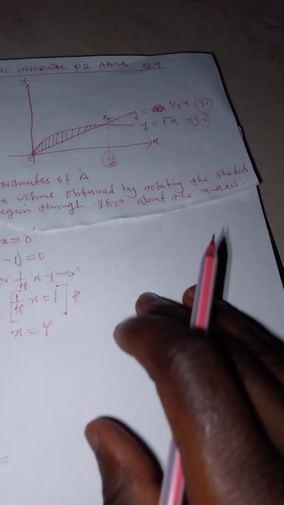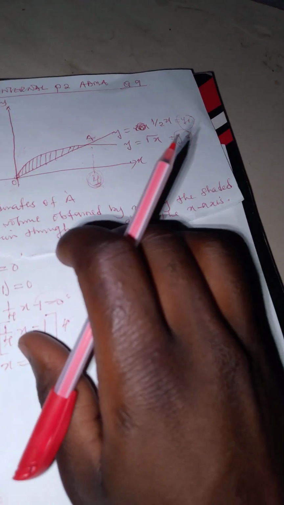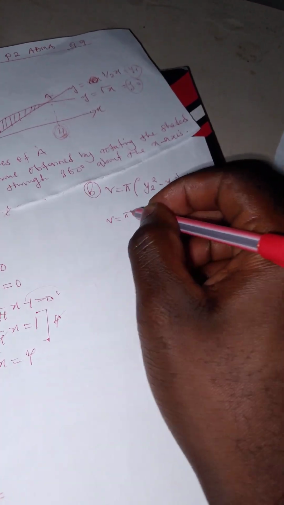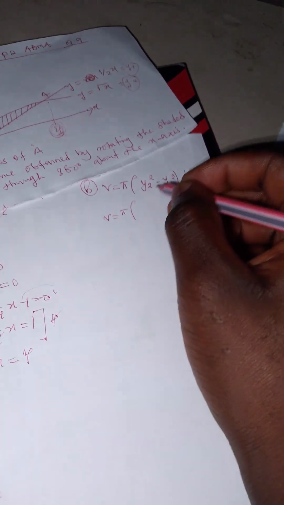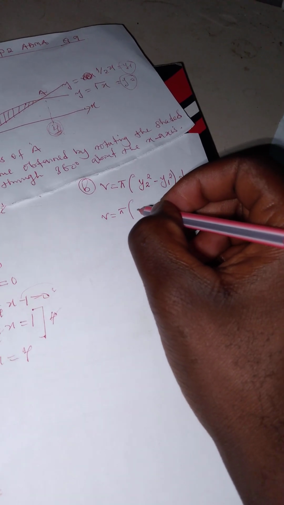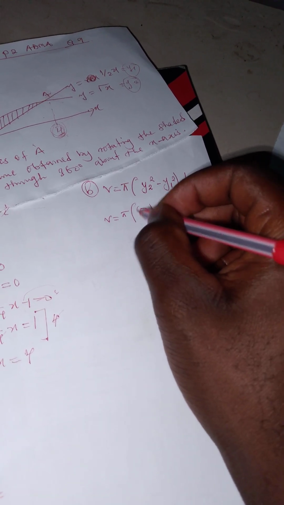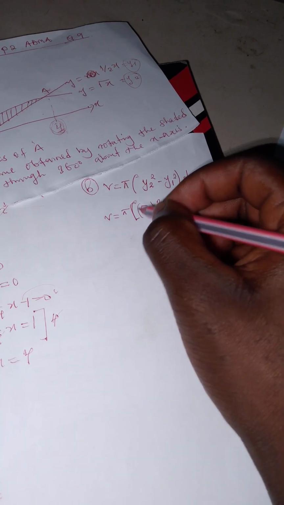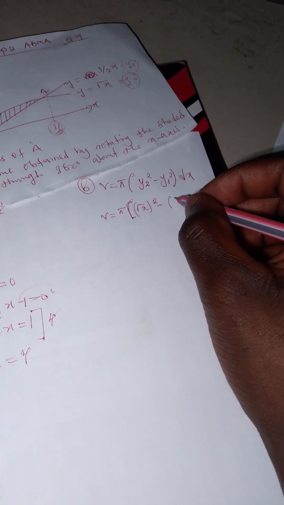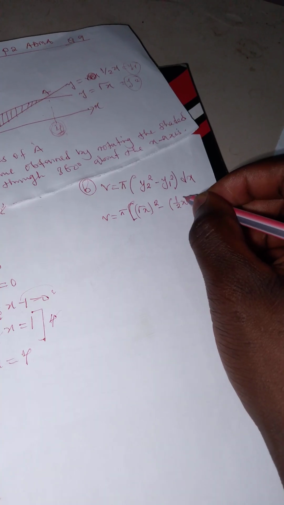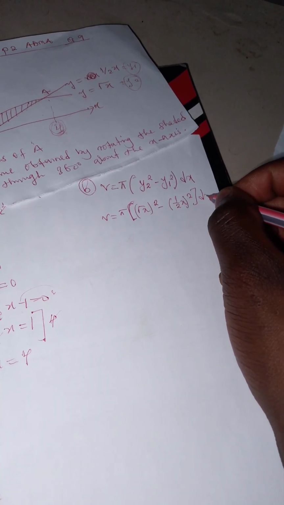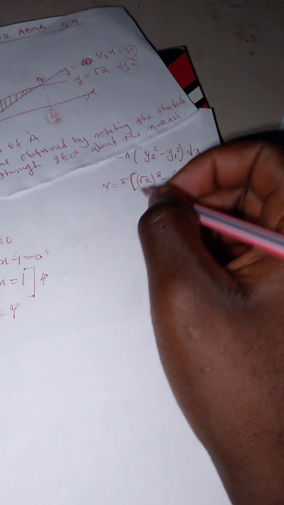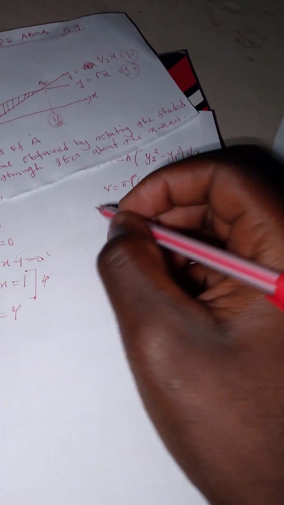Then let me go back to my formula. Volume is equal to pi multiplied by, what is y2? y2 is root x, squared, minus y1, which is 1 over 2x, squared, dx, because we are integrating with respect to x.